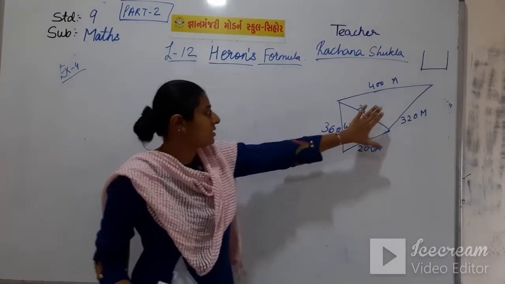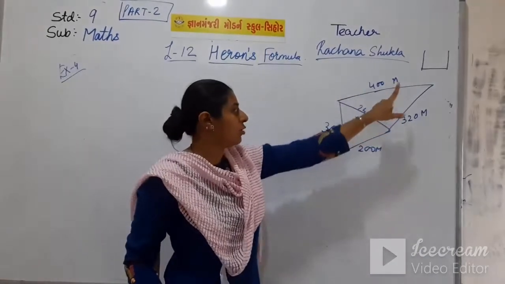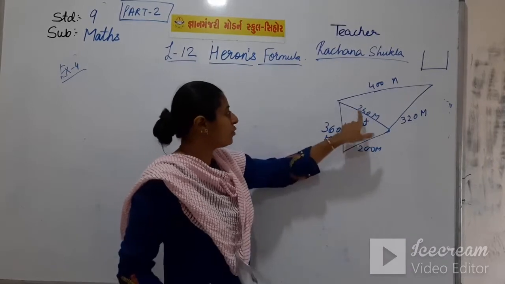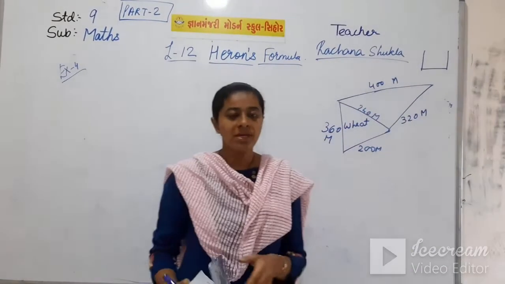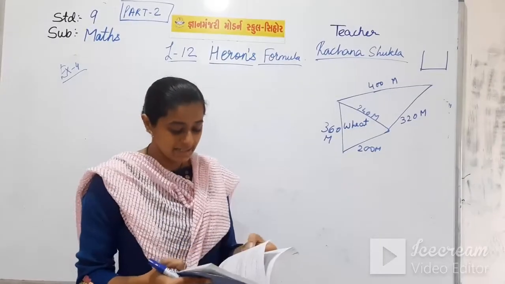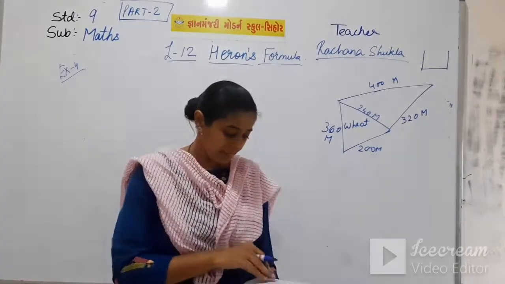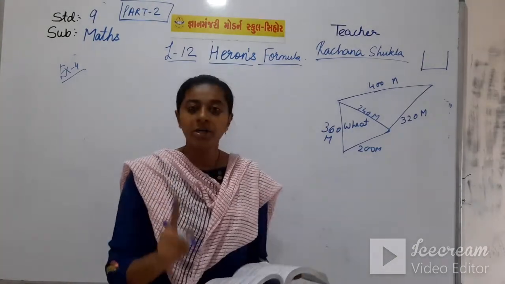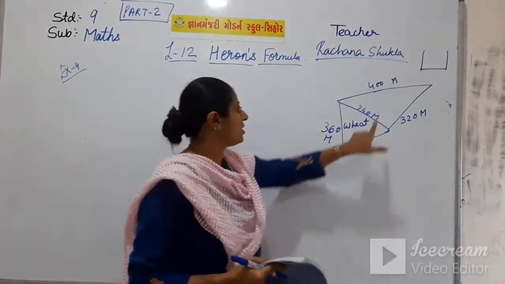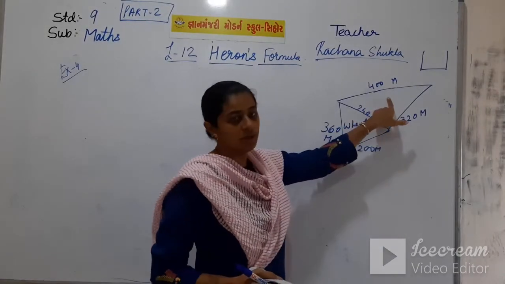See, this is another field, a triangle only, and the sides are 240 meter, 320 meter and 400 meter. Now let's come to the question again. She wanted to grow potatoes and onions. She wanted to grow potatoes and onions here.